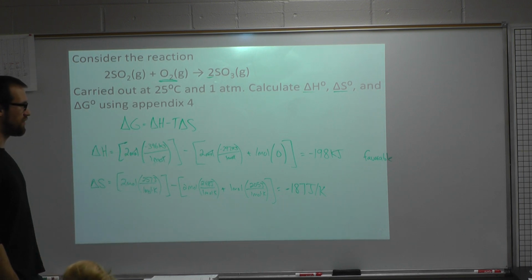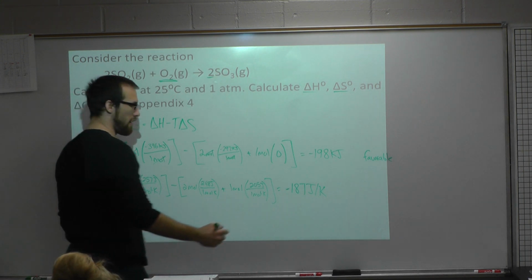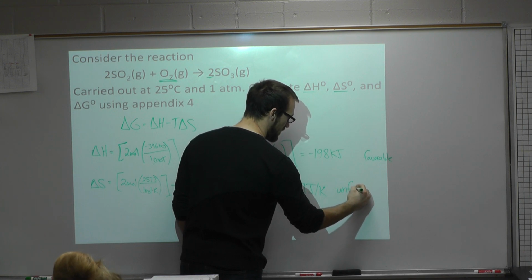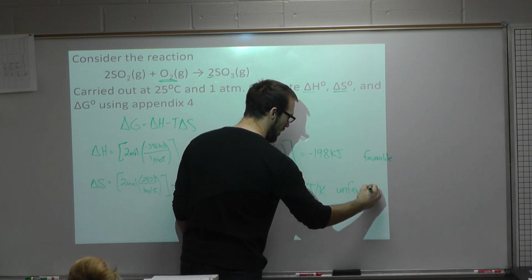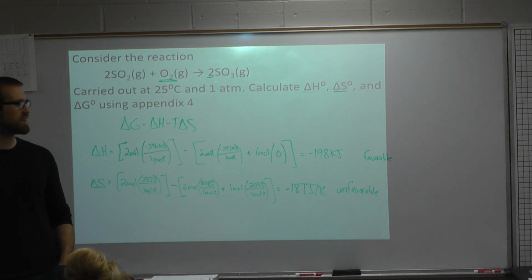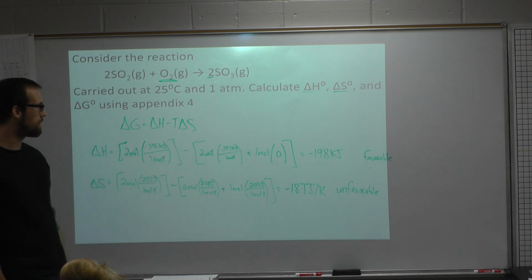Now, is this a favorable or unfavorable situation for entropy? Unfavorable, okay. So, these are opposing each other. So the primary determining factor on whether or not this will be a spontaneous reaction then comes down to temperature. Okay?